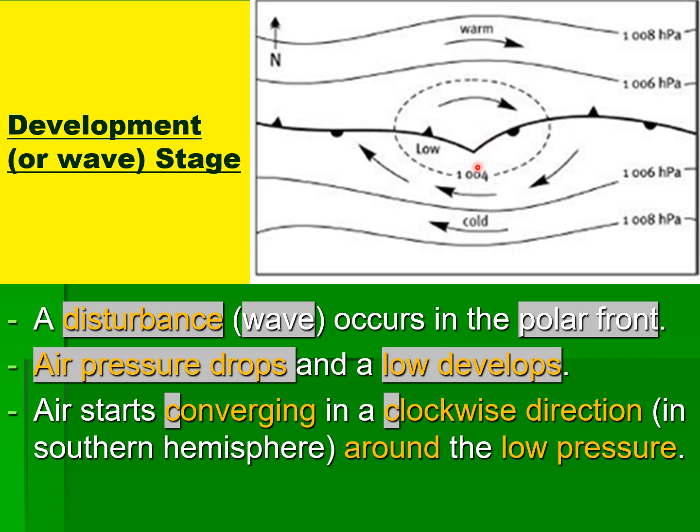At the place where the low pressure is developed, you're going to start finding that the air starts converging into the center of the low pressure cell, and more importantly, in the southern hemisphere, the air begins to rotate in a clockwise direction around the low pressure cell.